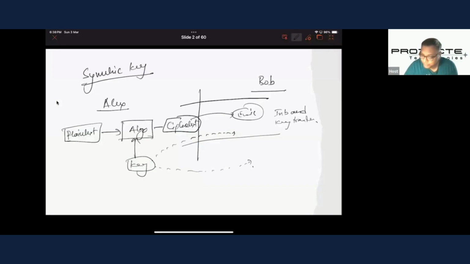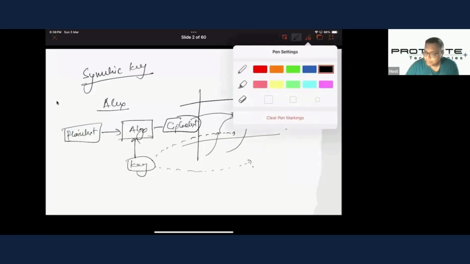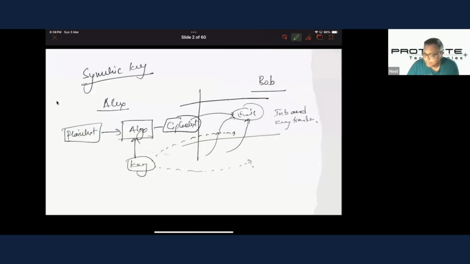So if somebody is able to intercept the email, they will be able to intercept the key and open the email. That's why you never pass the key in the same band where you are passing the information from. That's the key concept of symmetric key cryptography. The key has to be passed out of band. Out of band means you are not passing the information through the same medium or the same band where you were passing the encrypted information.